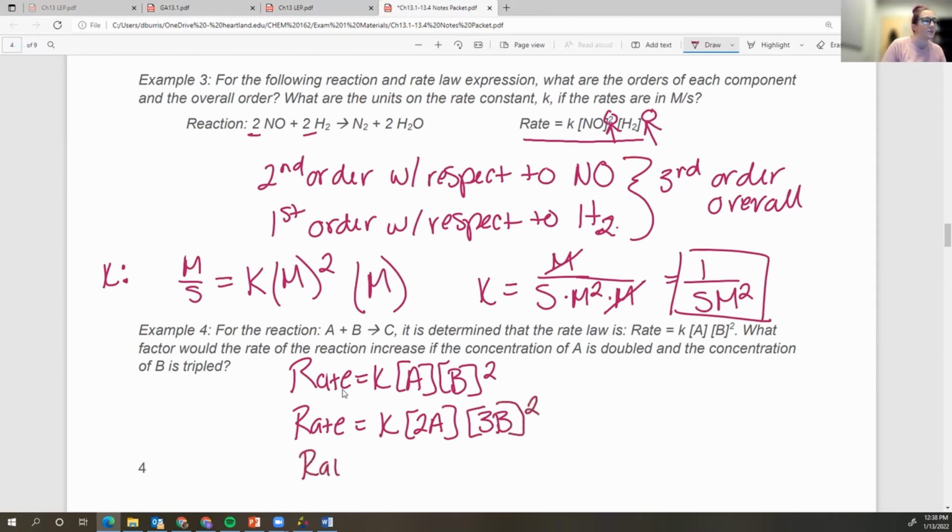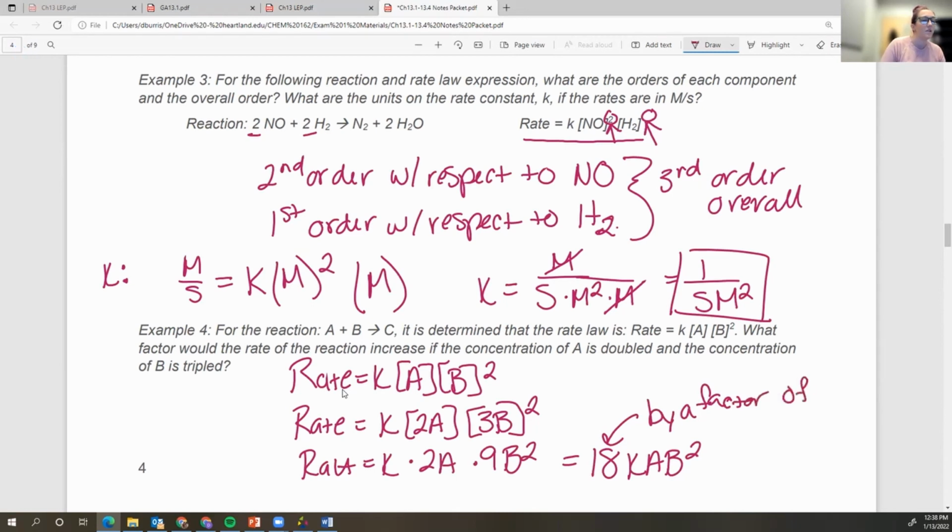Okay, so that's really going to be rate equals K times 2A times 3 squared is 9 times B squared. So that equals 18 K A B squared. So it's going to be by a factor of 18. We can actually figure out how much it's going to speed up.